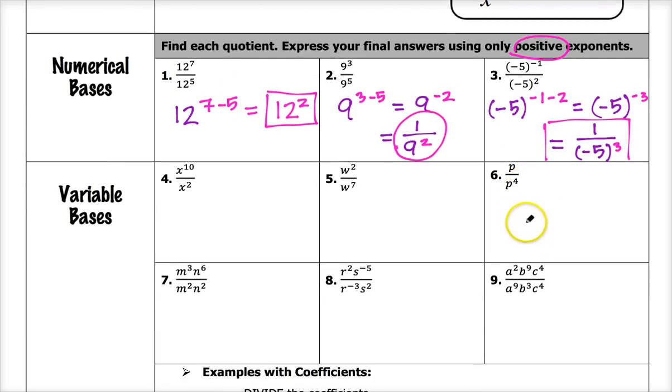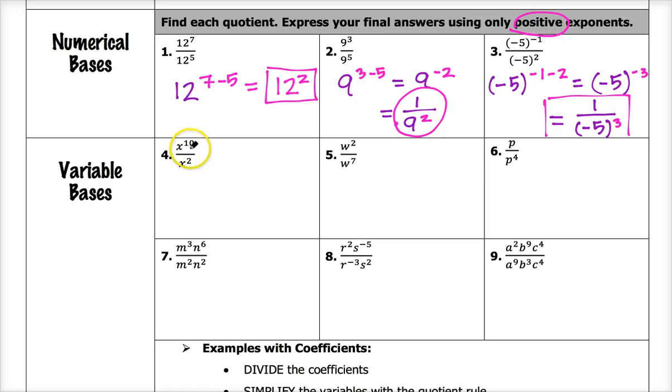Let's try this now with some variables. We have x to the 10th over x squared. So I keep the base, x, and we take the top exponent minus the bottom. So that would be 10 minus 2, and we get x to the 8th power.